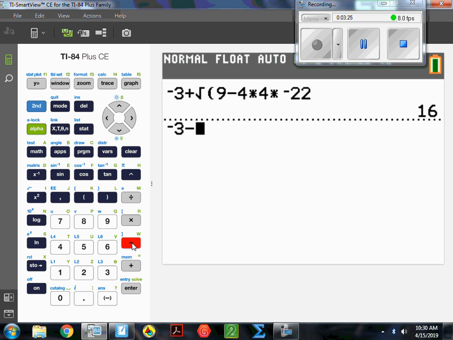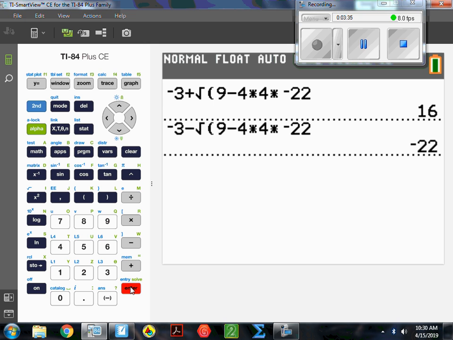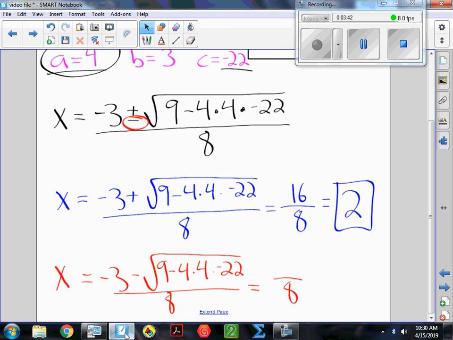Negative 3 minus the square root of b squared minus 4 times the a value times the c value is negative 22. Negative 22 over the 8 is negative 2.75.